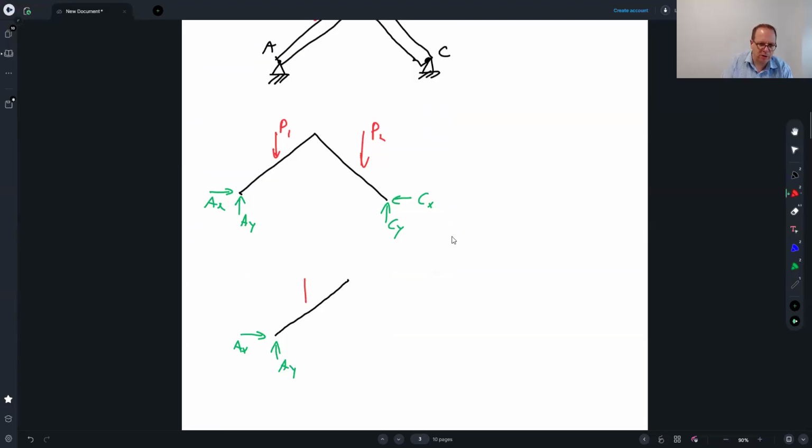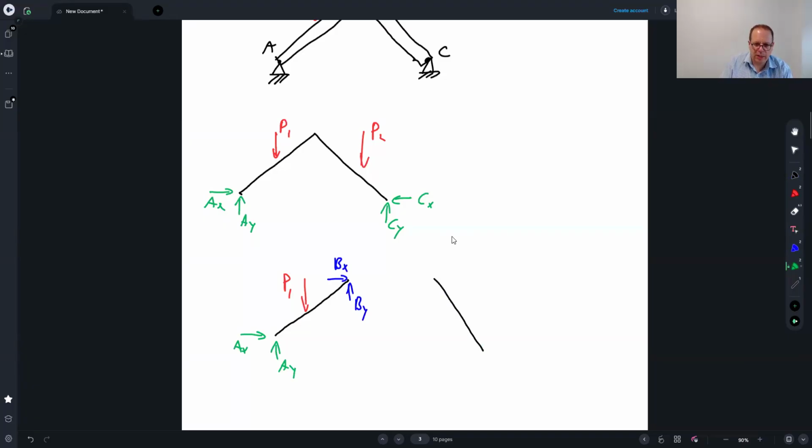We have our load, P1. And now, again, we have pin reactions. So we take about this pin. So let's say we have BX to the right, and then BY going upward.